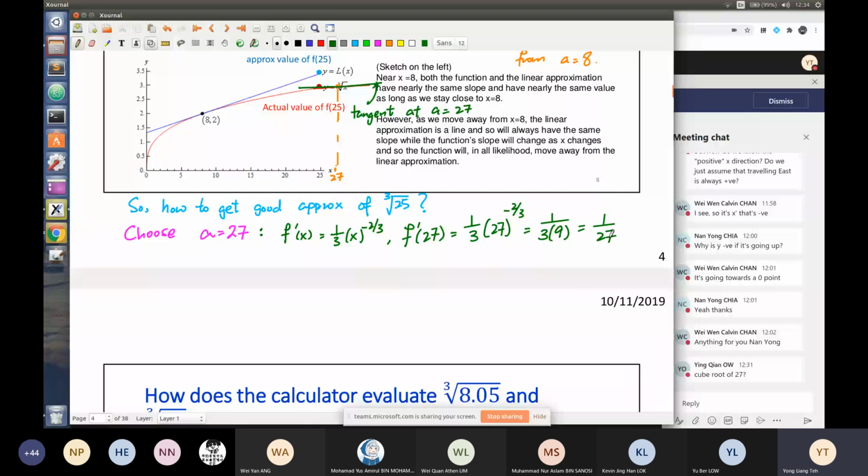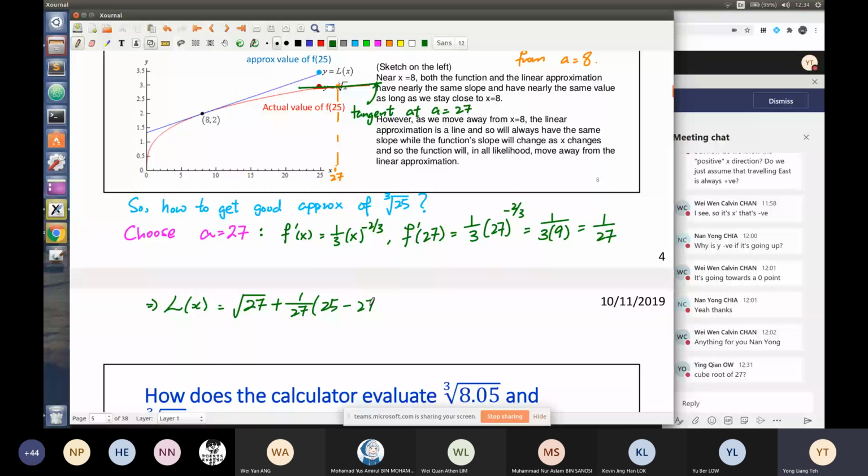So hence, what's the linearization? The linearization of x is equivalent to f of a. So what is f of a? f of a is just 3, the cube root of 27, plus f prime, which is 1 over 27, multiplied by x minus a, where x is 25 and a is 27.